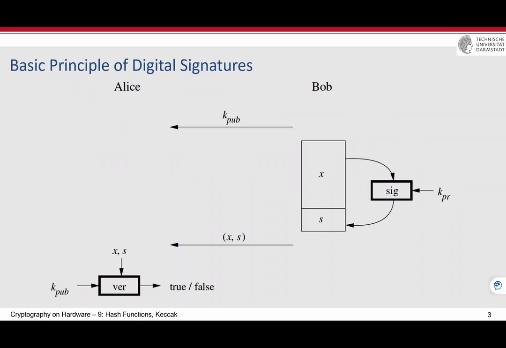This is how the scheme works. Based on the principle, you have two parties, and one of them, for example Bob, sends the public key to the other or publicizes this public key somewhere, and then you have a message, and you sign it using your private key, and the signature is sent together with the message X. The verifier has the public key and also X, the message, and the signature, and can check whether the signature is valid or not, of course not having the private key of the signer, only the public key.